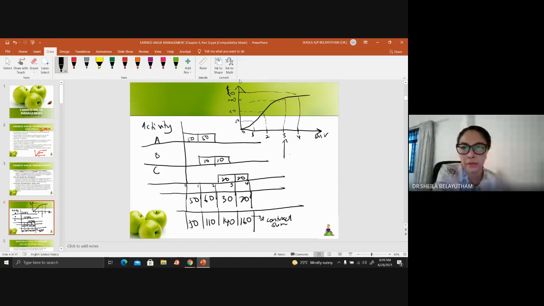What could be the planned value at week 3? Your planned value at week 3 would be 140. Meaning to say that at week 3, in terms of cost, your spending should be around 140.